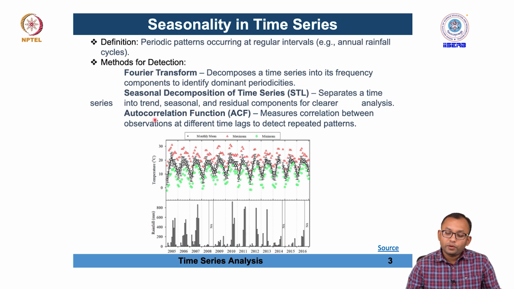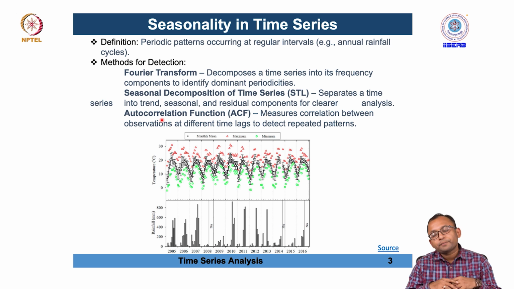Then, when we are talking about this kind of seasonal behavior, we can also look at autocorrelation function analysis, where we basically use the lagged version of our time series, and we try to correlate with different lags, for example 1 day, 2 days, 3 days, or 1 month, 2 months, 3 months, 10 months, like that. And then we can calculate which correlation is higher for different months.